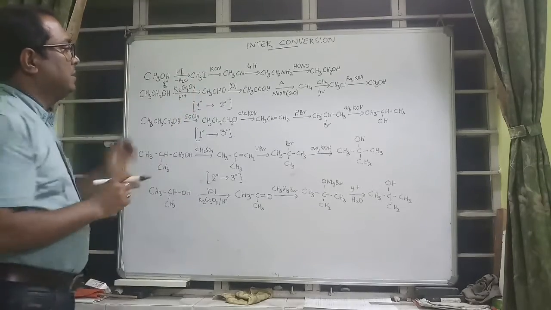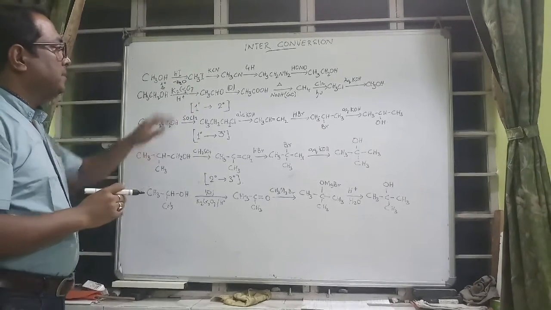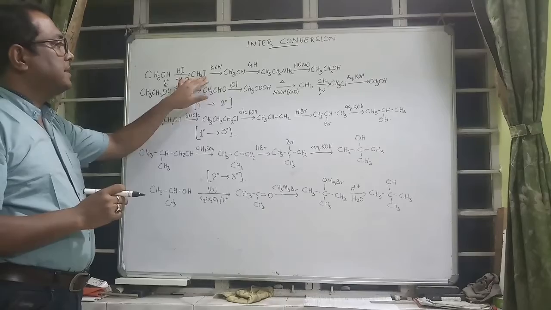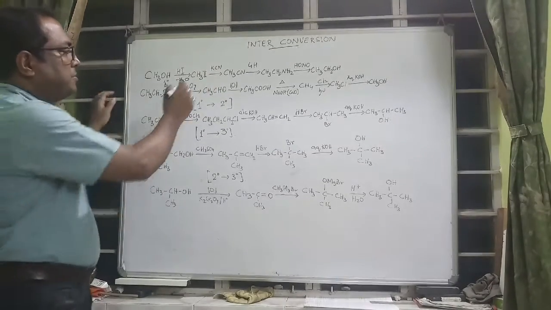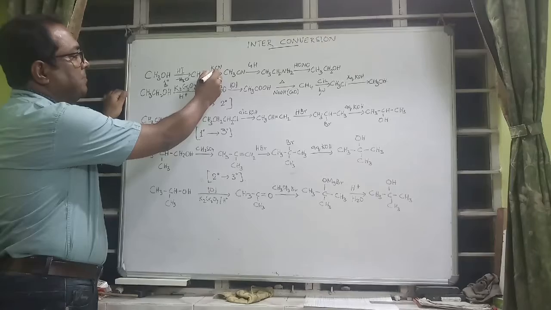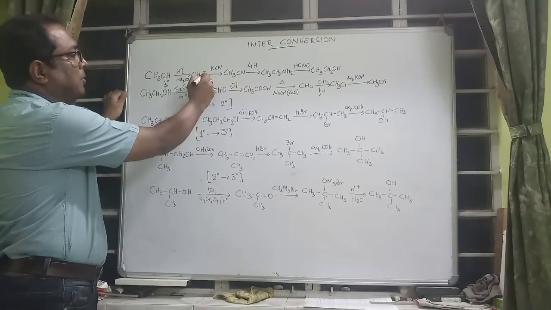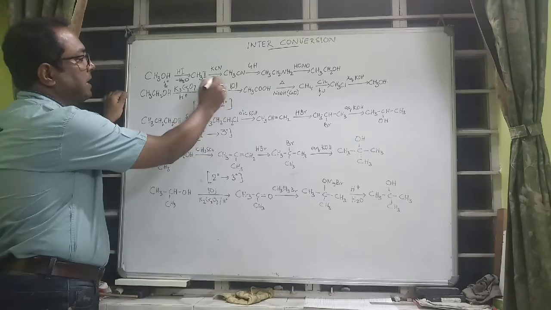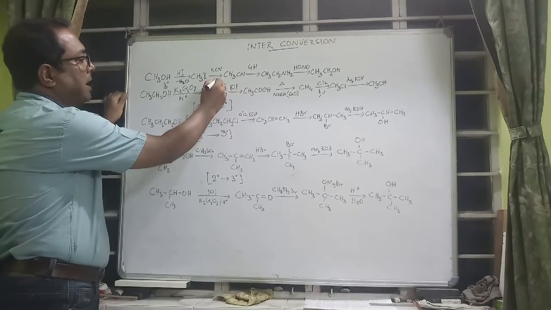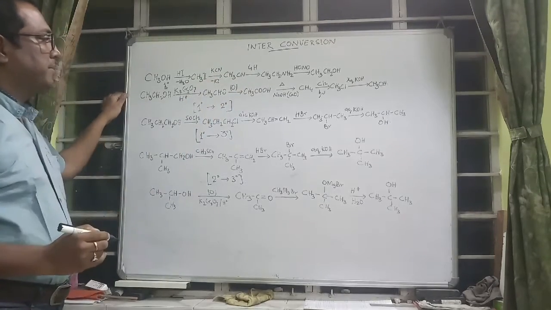And you get here CH3I. This CH3I is replaced by the CN present in KCN. So when you treat with KCN, the cyanide part will be replacing the iodine to form CH3CN, and here potassium iodide also will be released.